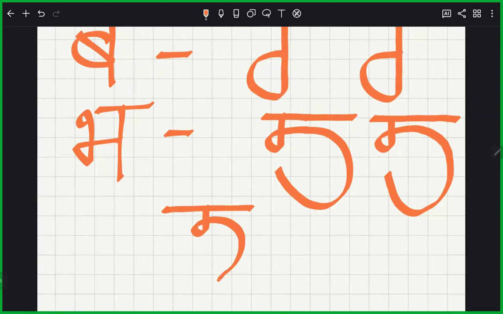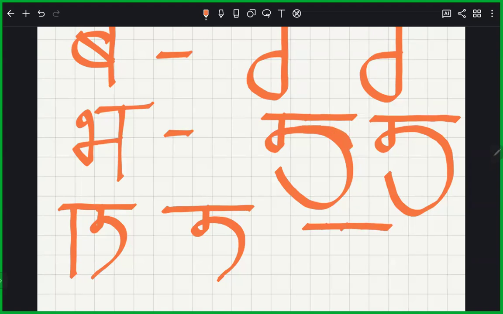And if you remember Na, we got this curve all the way and touched the central axis here. But what we are doing in Bha is we don't start from the middle, we start from the left because we need to get this curve a little bigger.